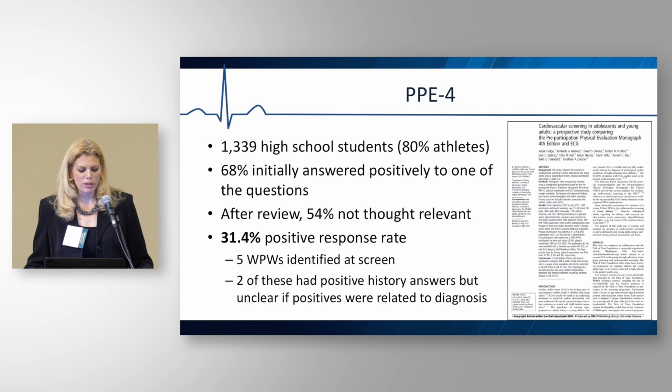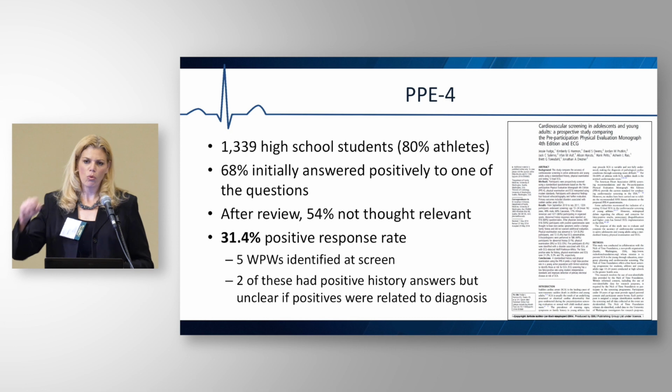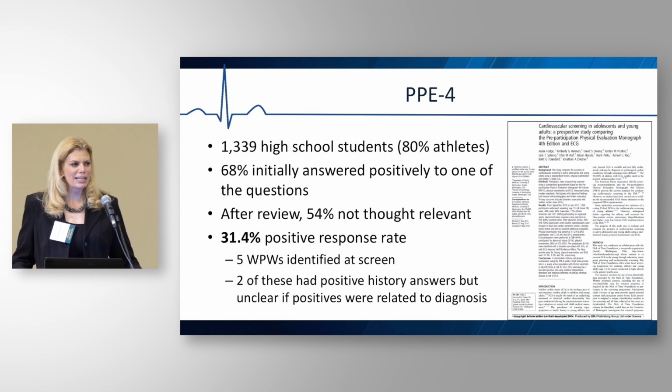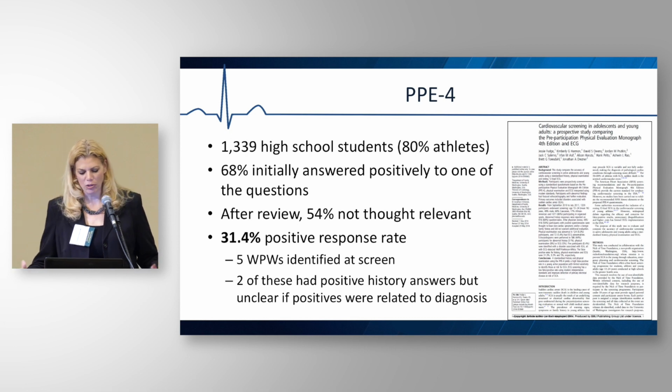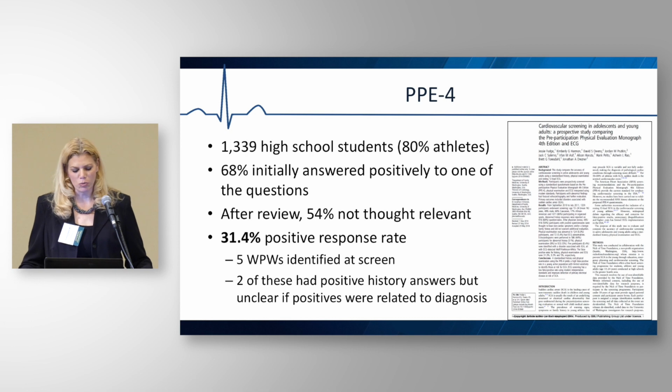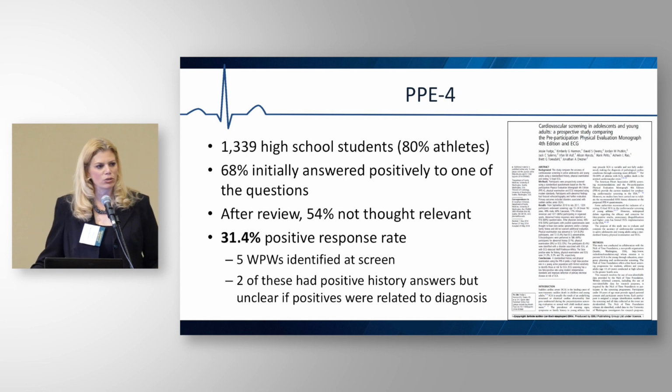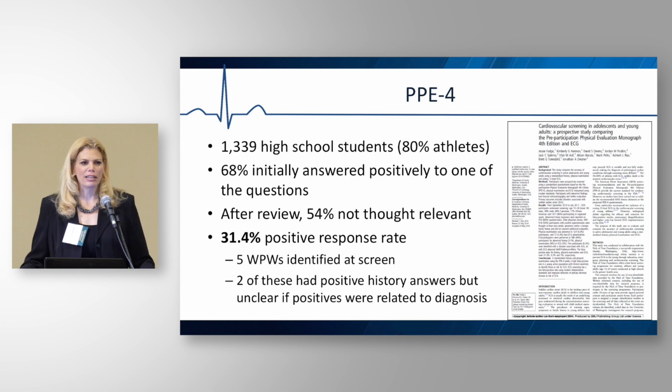When we first started doing this, we looked at a little over 1,000 high school students. About 80% of them are athletes. And on that initial screening questionnaire, which was the PPE4, 68%, almost 70%, answered positively to at least one of those questions. After we talked to them, we threw out about half of those positives, people saying, yeah, I get chest pain, but when I take my asthma medicine, it goes away.